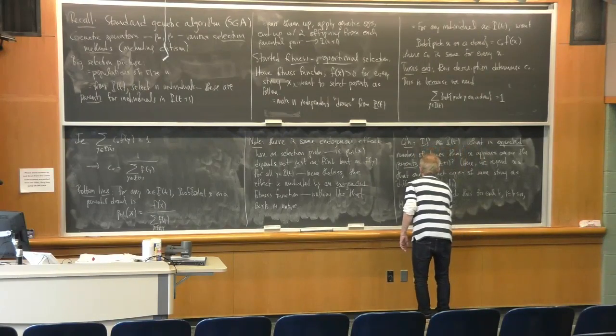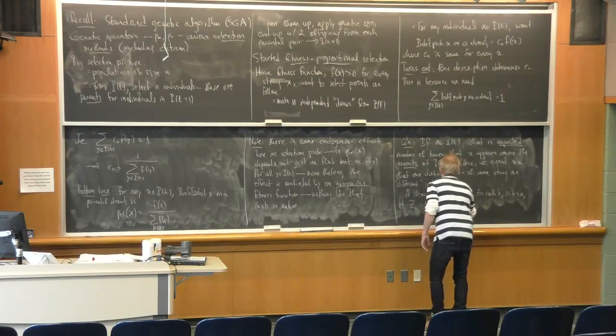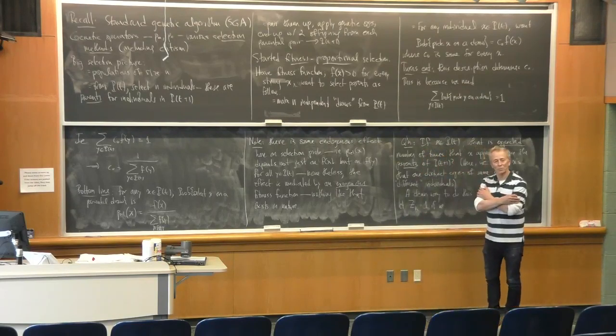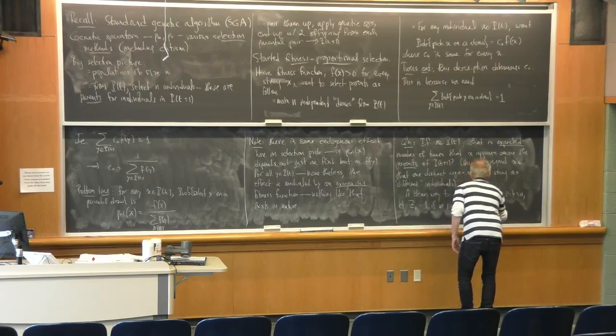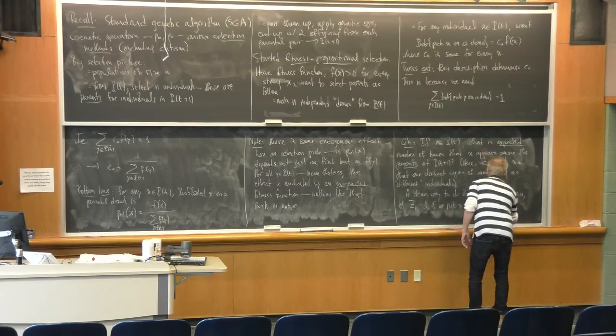Zk is going to be equal to 1 if we pick x on draw k, and Zk is equal to 0 if not.